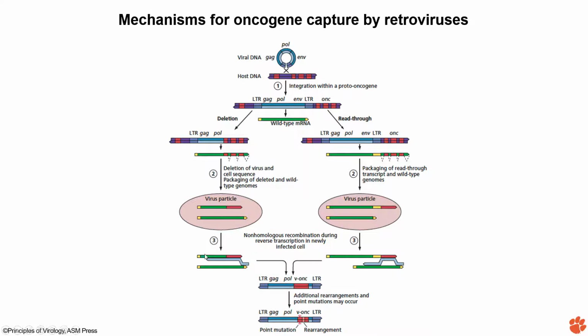Remember that this is where the copy choice mechanism helped the virus. Each of these retroviruses has two copies, or is supposed to have two identical copies, of its genome, both of them the same. Here, they are not the same, and here there's a copy choice mechanism.